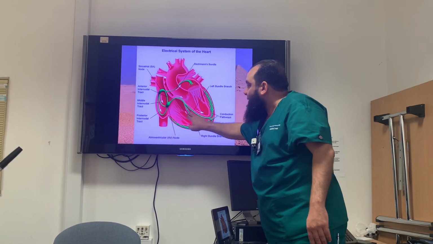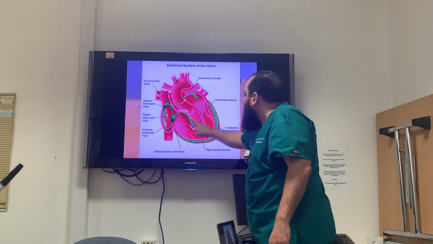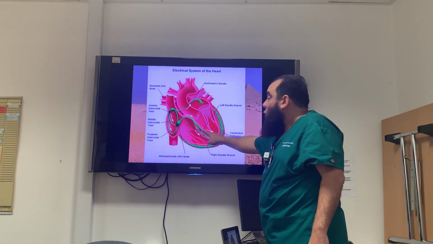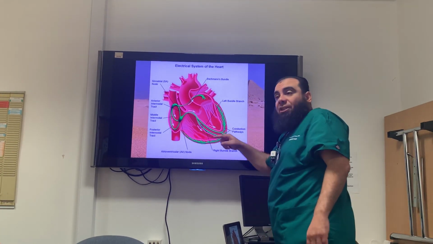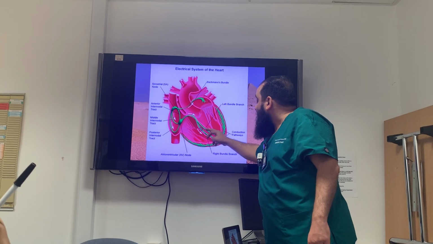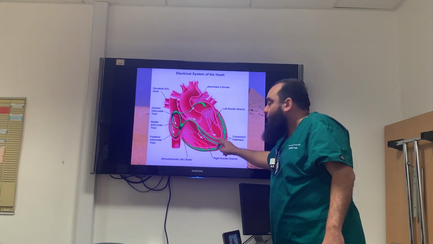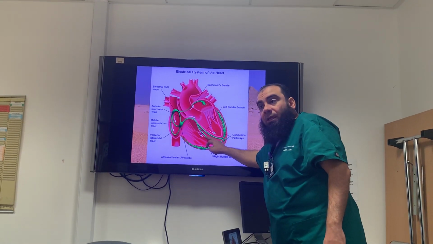So the right one is blocked, whatever the reason is, but the excitation goes through the left one. So how is the other side of the septum going to be activated? Directly from that branch to the septum. So it's not going through here, it goes through the septum.